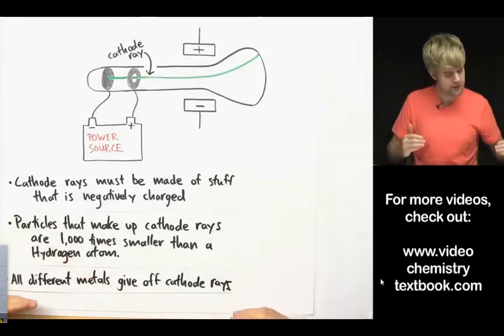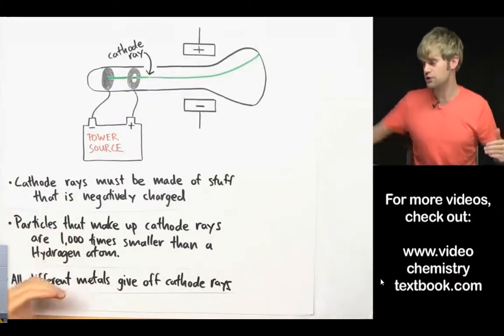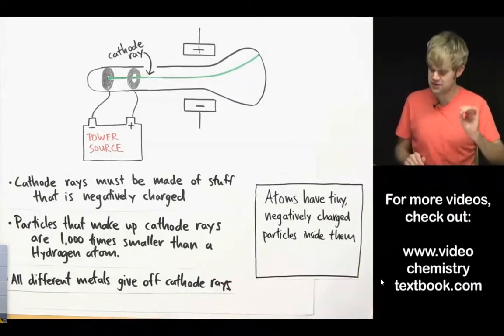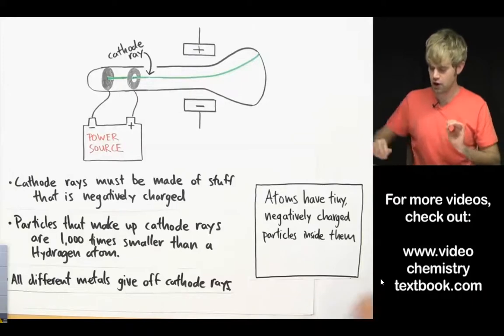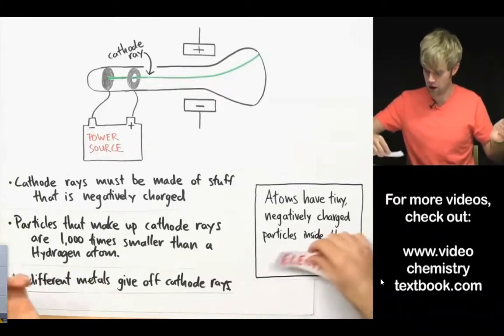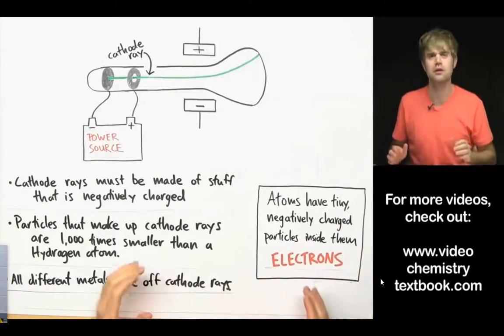So based on these three conclusions, he's able to come up with the idea that atoms have tiny, negatively charged particles inside them, and these things that we're talking about here are electrons.